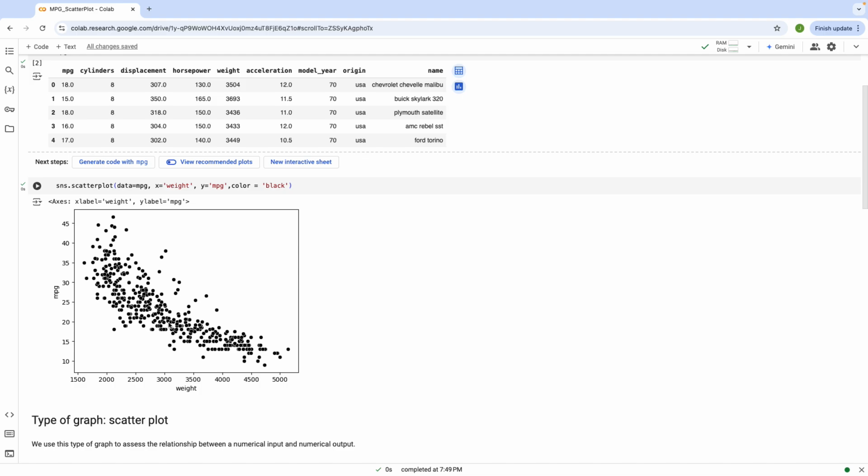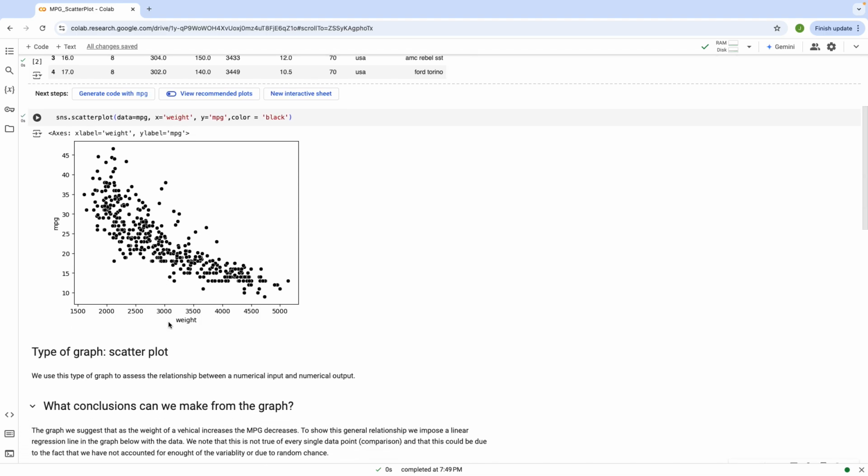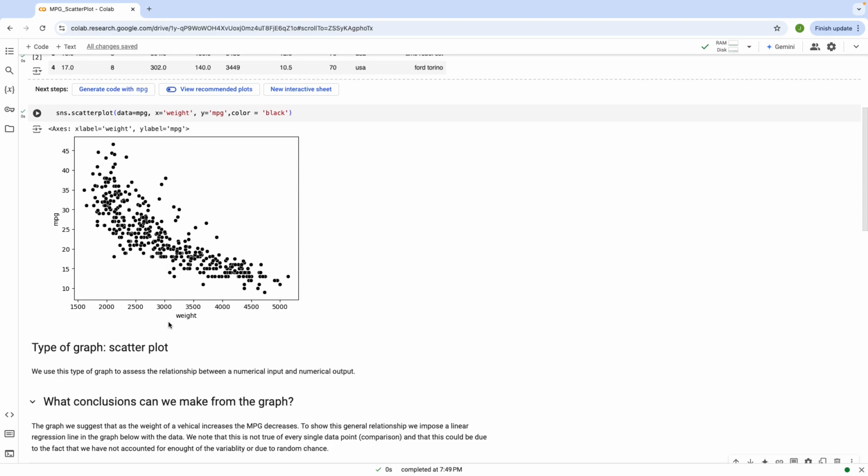One other way to rephrase this question is to ask, does weight affect miles per gallon? And we can try and answer that with a graph. So what kind of conclusions can we make from the graph? Well, I said them already, but the graph suggests that as the weight of the vehicle increases, the MPG decreases.